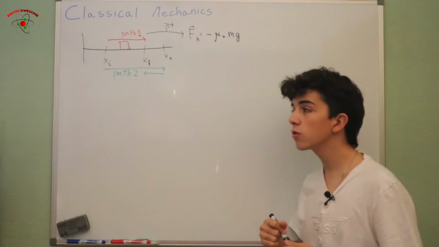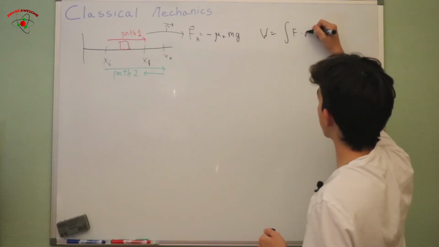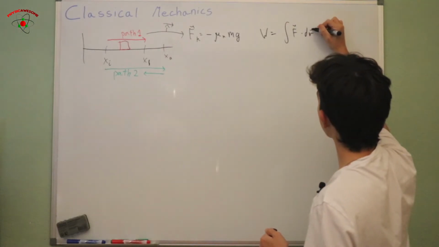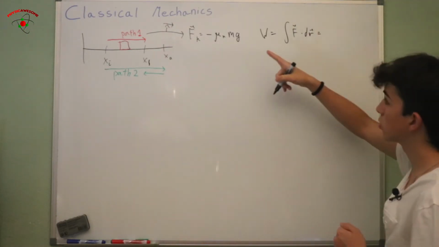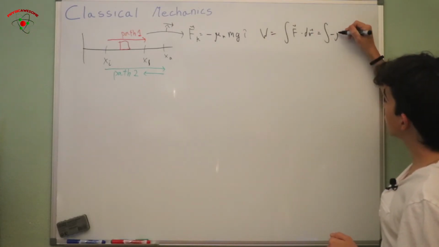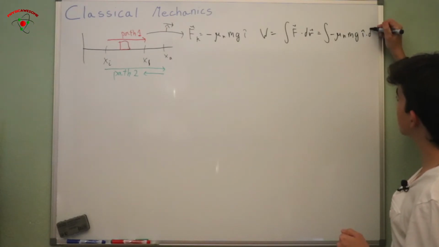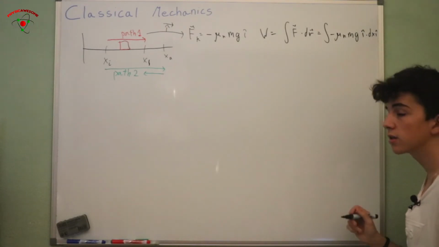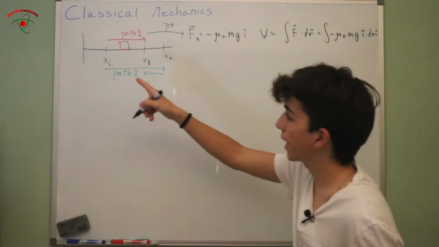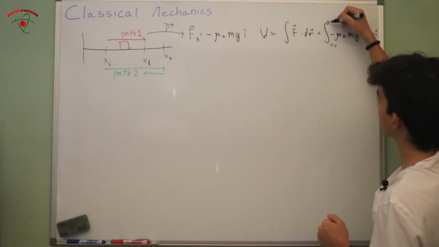Alright, then work, which is the integral of F dot dr, is going to be equal to minus mu k mg i hat times dx i hat, going from xi to x final.